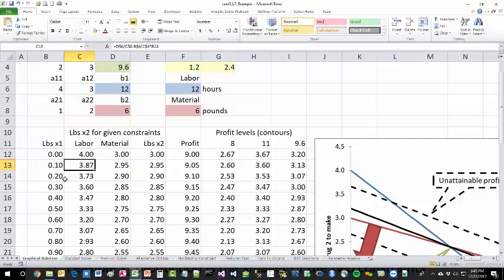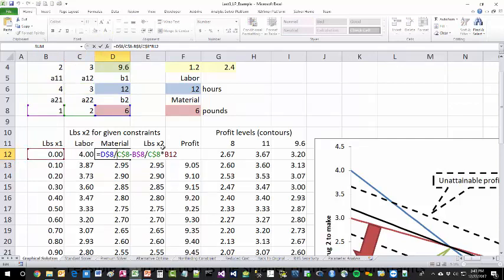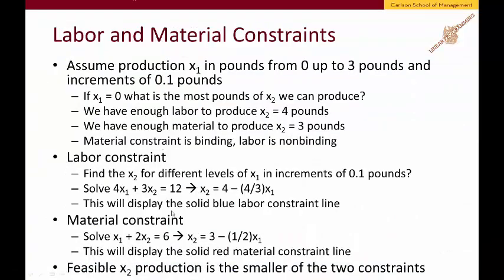Similarly, in column D, we have the setup for the material equation, which is x1 plus 2x2 equals 6, and we solve it for x2 and get the equation that says x2 equals 3 minus 1/2 of x1, shown on the slide right here.